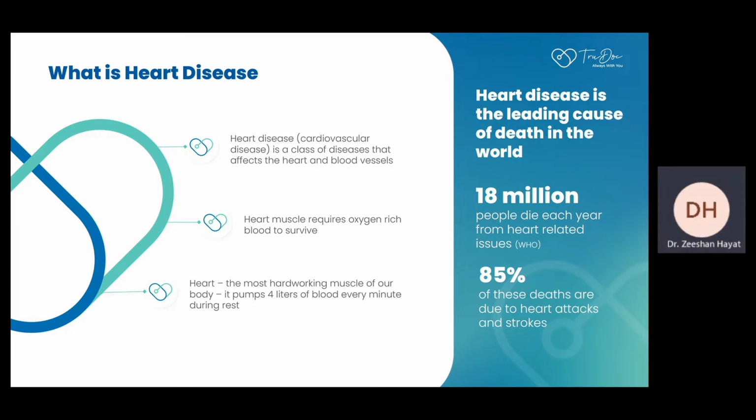Stroke volume is the amount of blood pumped every time the heart beats, and heart rate is how many times the heart beats. That's how we get 4 to 5 liters, roughly around 4.9 liters.